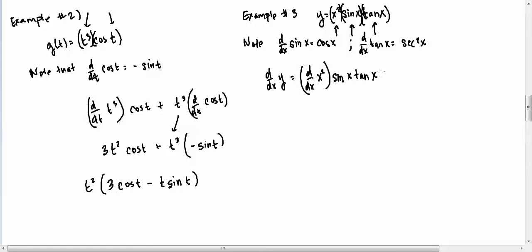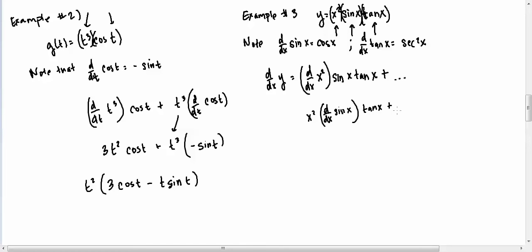In fact, I'm going to say plus, but pretend I don't have enough room here. I'm going to take the next one down. So I'm going to say, all right, now I'm going to keep the first term, and I'm going to go d dx sine of x times the tangent of x.